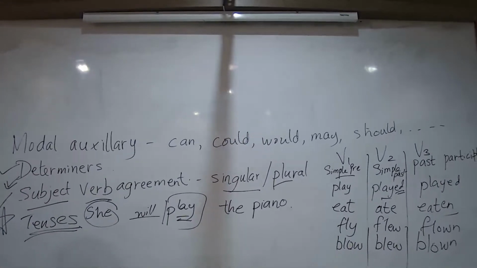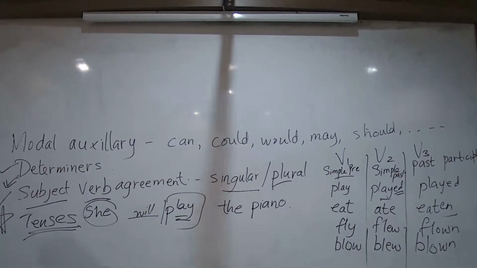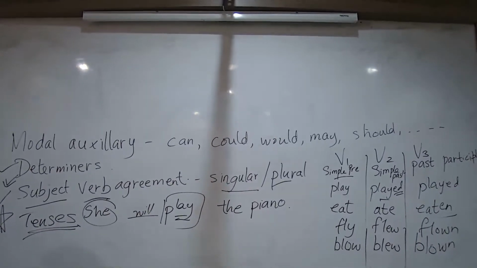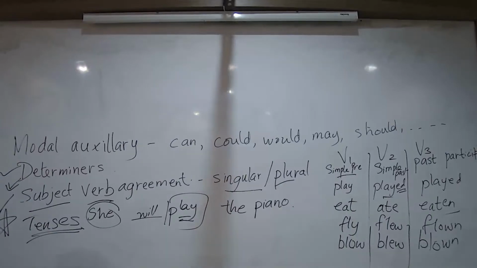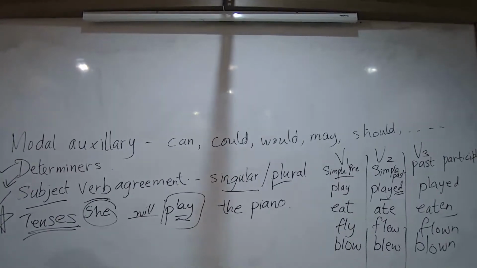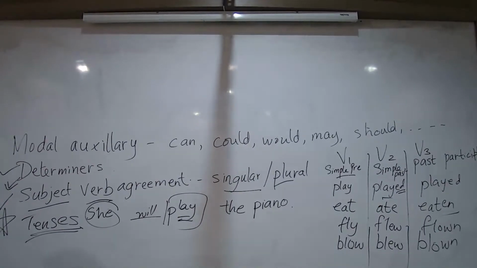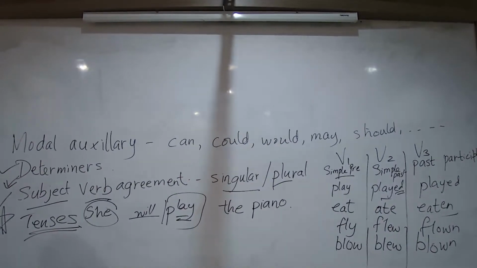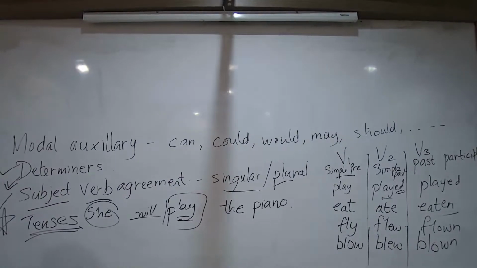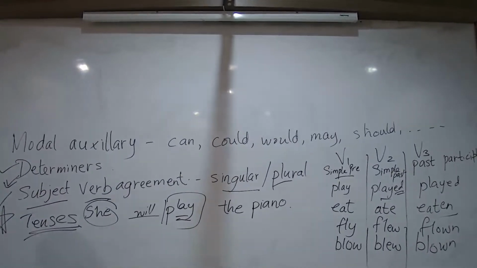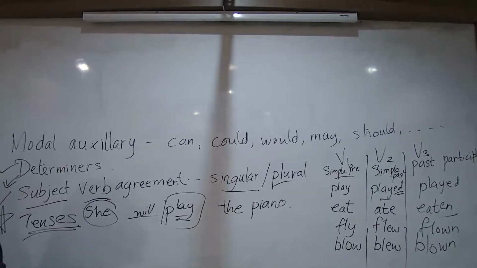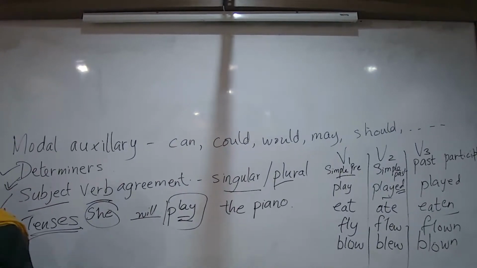Second one. Whenever there is written is, am, was, were, will be and shall be, please write: first form verb plus ing. That will be in continuous form.